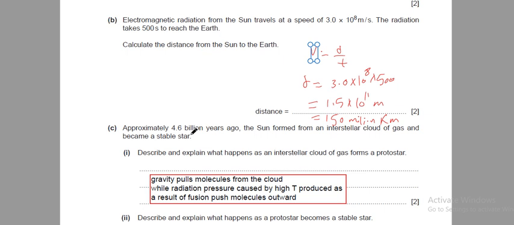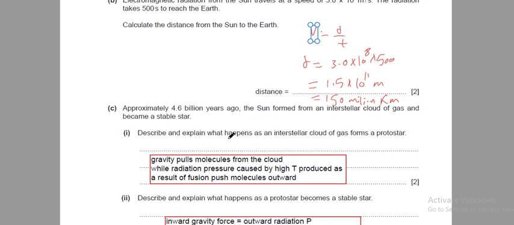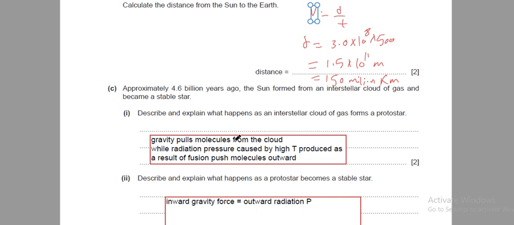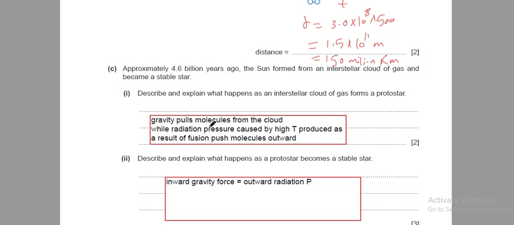Approximately 4.6 billion years ago, the Sun formed from an interstellar cloud and became a stable star. Describe and explain what happens as an interstellar cloud of gas forms a protostar. So gravity pulls molecules from the cloud.